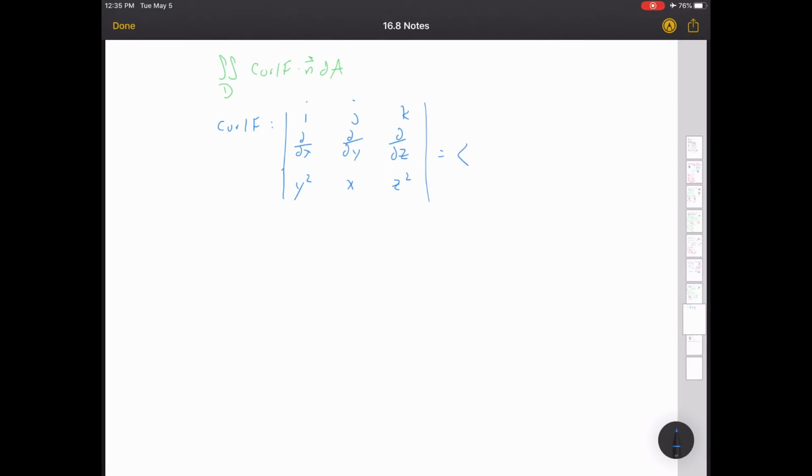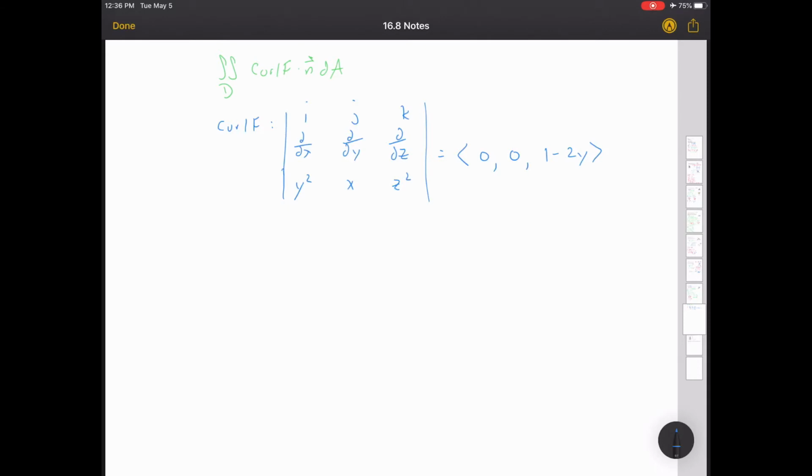Eliminating the i row and column, the partial derivative with respect to y of z squared is 0. Partial derivative of x with respect to z is 0, so that's 0. The j row and column, partial with respect to x of z squared is 0. Partial with respect to z of y squared is 0. That's nice. And then the k row and column, partial with respect to x is 1. Partial with respect to y is 2y, so it's 1 minus 2y.